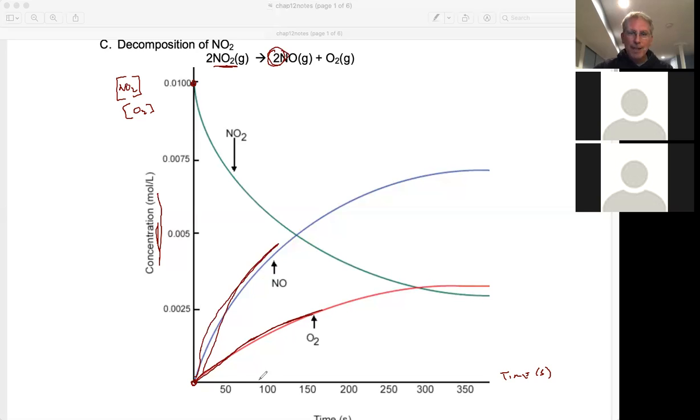So if we stopped at any time, so let's go like 75 seconds here, and drew a line going straight up, hopefully these two concentrations are in a 1-to-2 ratio. The O2 is half of the NO. Yes, no, is that okay? Yep. Okay, now let's clear out that stuff.